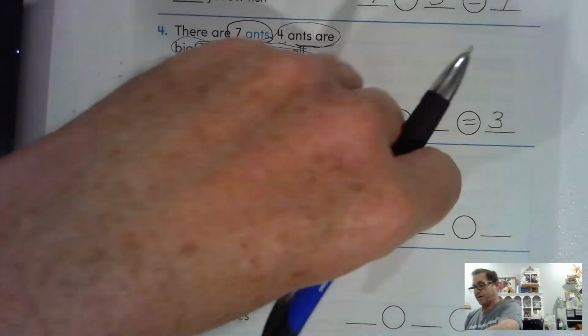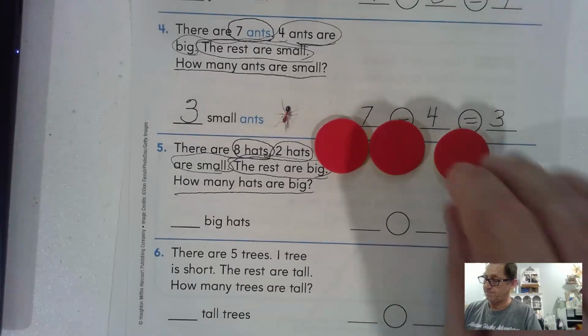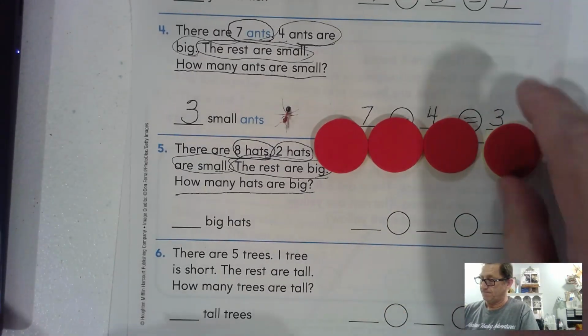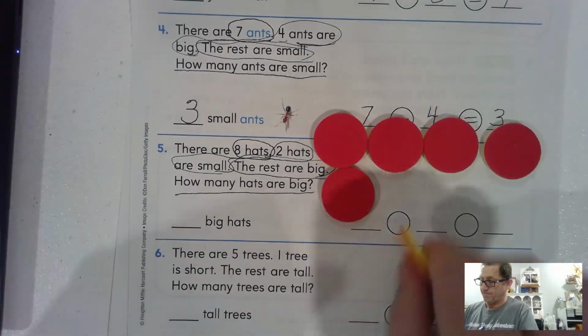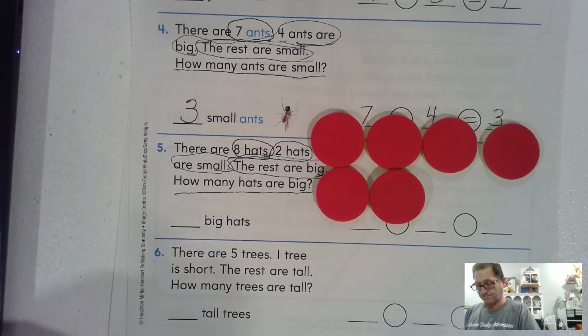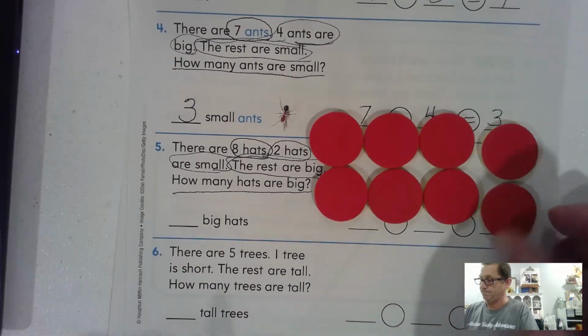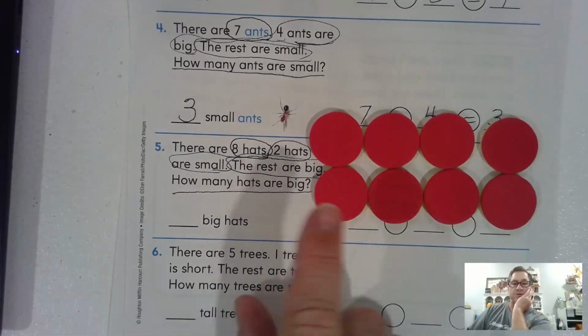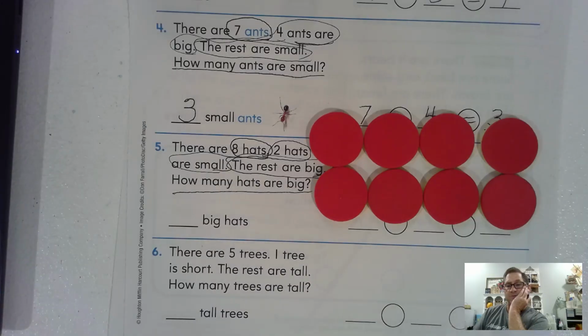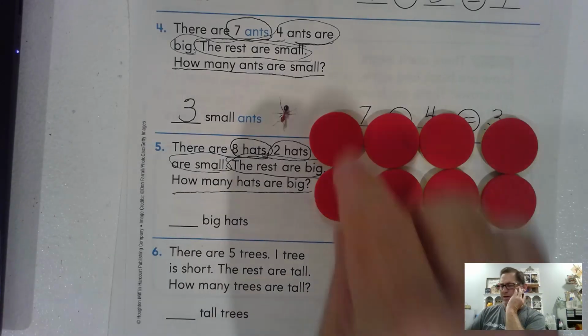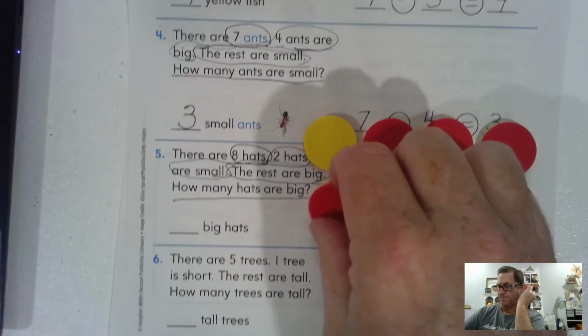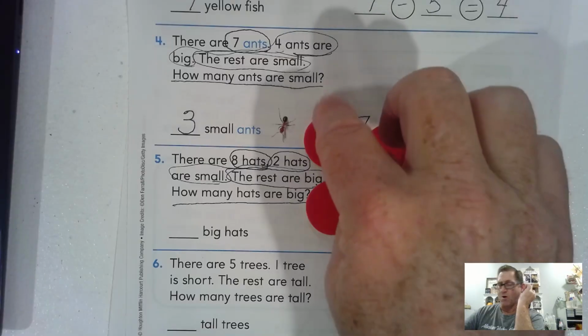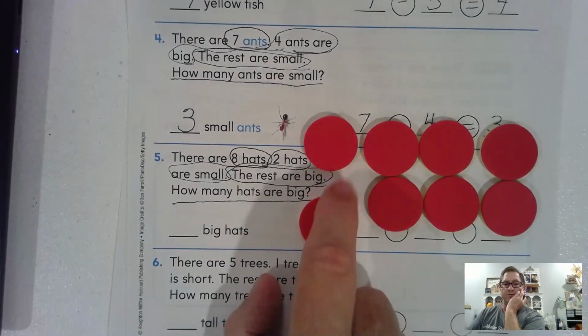Okay, so let's show that. Again, start with all one color to represent the group. So you have 8 total hats, right? But only 2 of those are small.